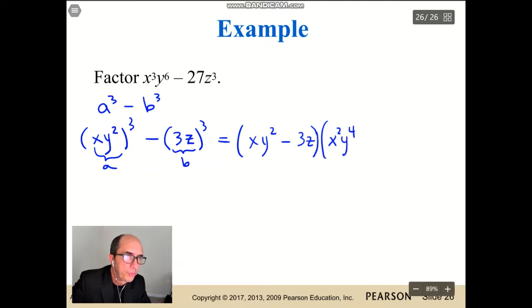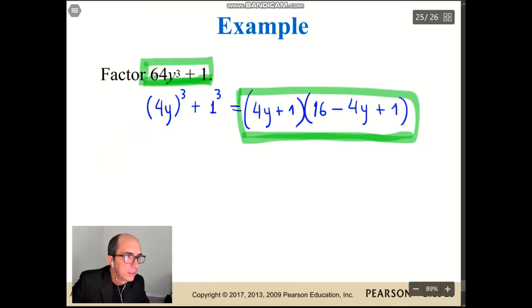When you square the whole thing, it's going to have x squared y to the fourth plus a times b. Let's write here 3z times x times y squared plus b squared. That means 9, 3 squared, z squared.